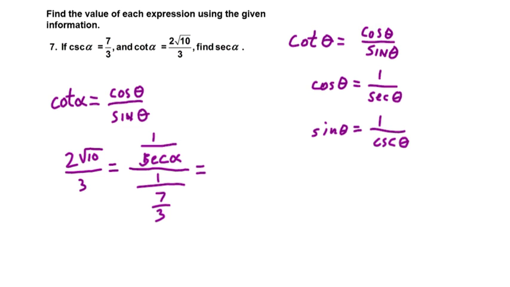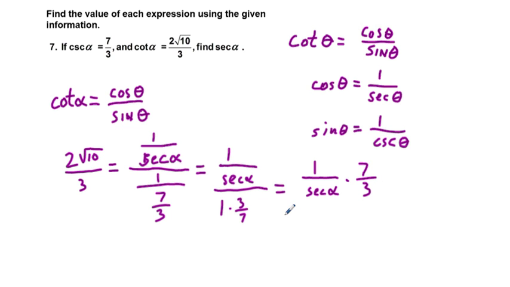What that's going to become is 1 over secant alpha times 1 times 3/7, right? Because we're dividing 1 by 7/3, multiplied by 3/7, and that's going to be equal to 1 over secant theta, or secant alpha, and then times the reciprocal of that, which is going to be times 7 over 3.